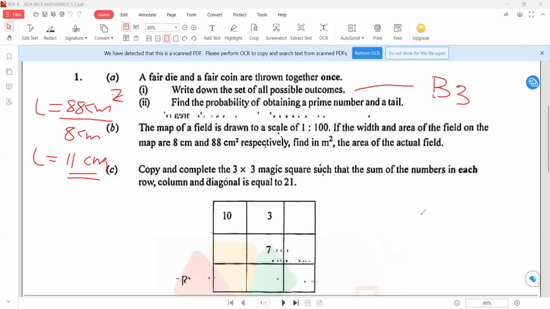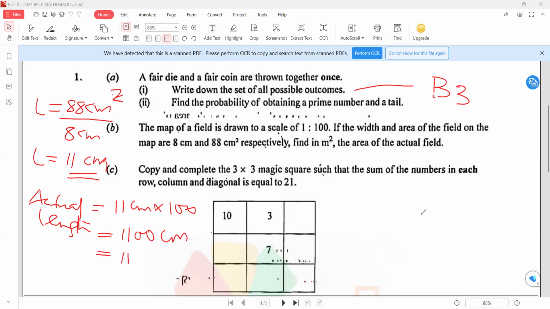So then the person now finds the actual length using the scale. So actual length becomes 11 cm times 100, and that's 1100 cm, which if you change to meters is 11 meters.